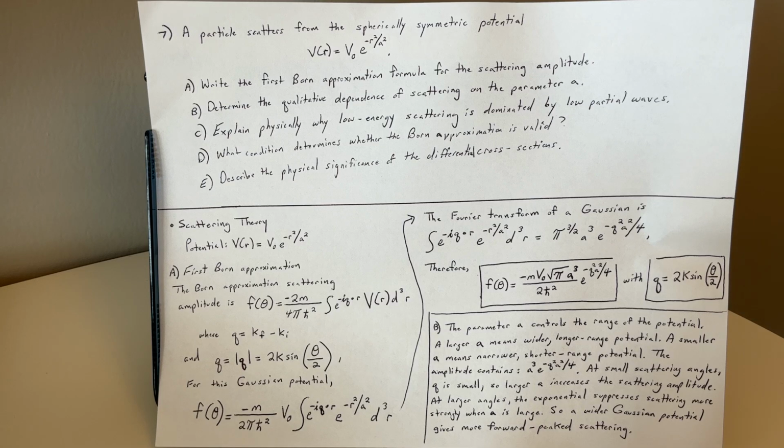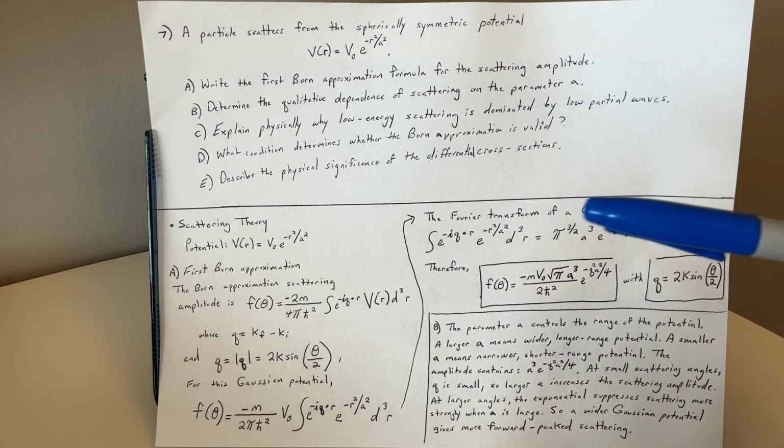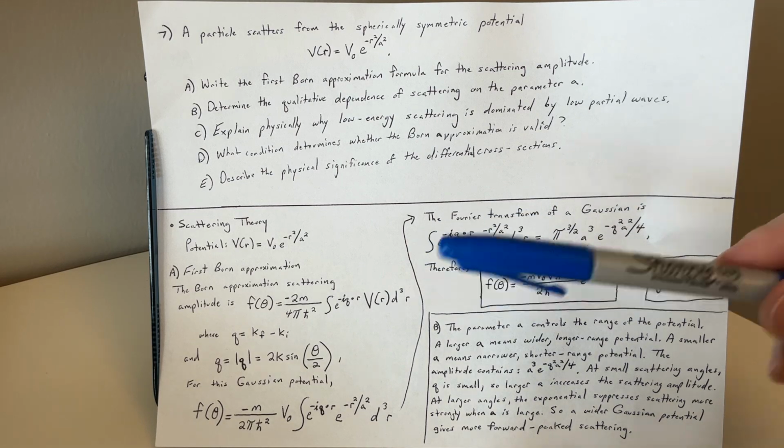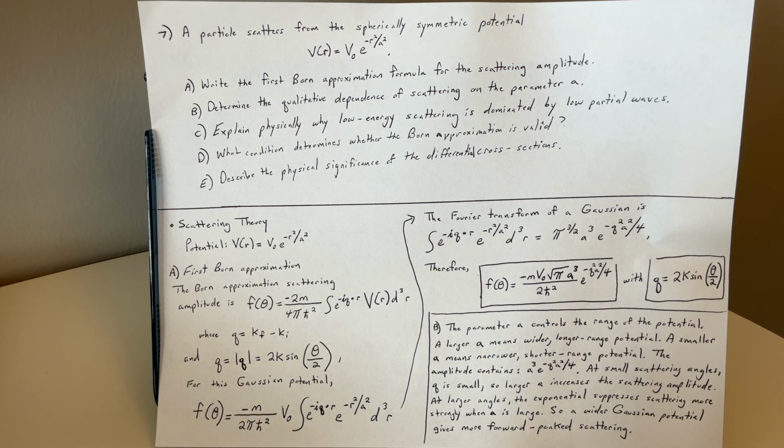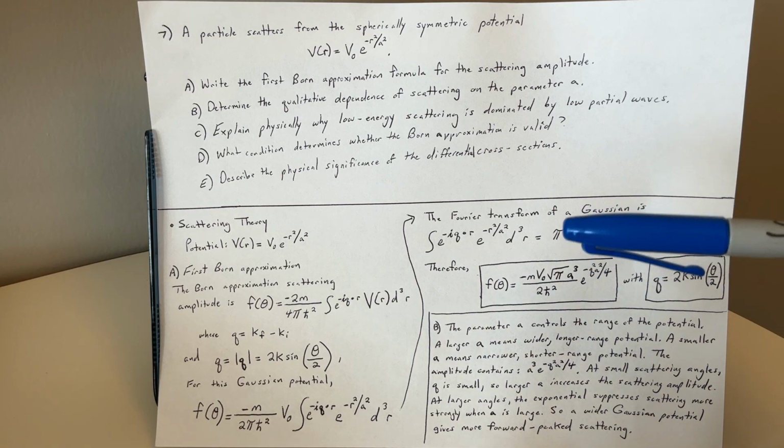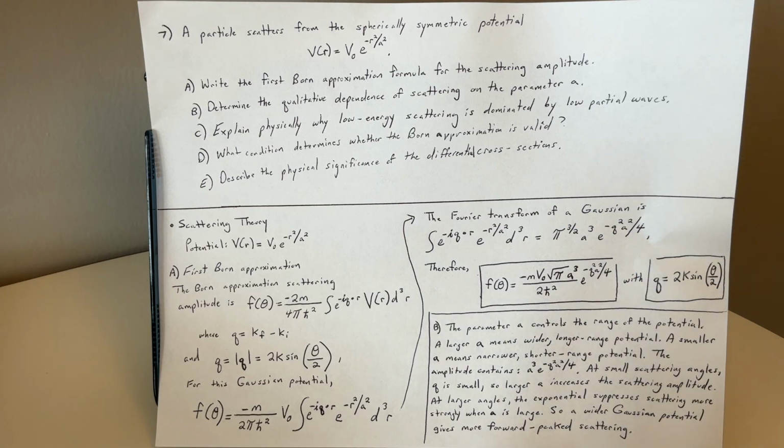The Fourier transform of a Gaussian is the following. When we integrate that, it equals pi to the 3/2 a cubed e to the negative q squared a squared over 4.